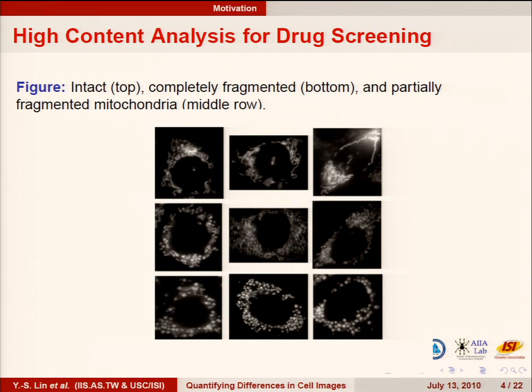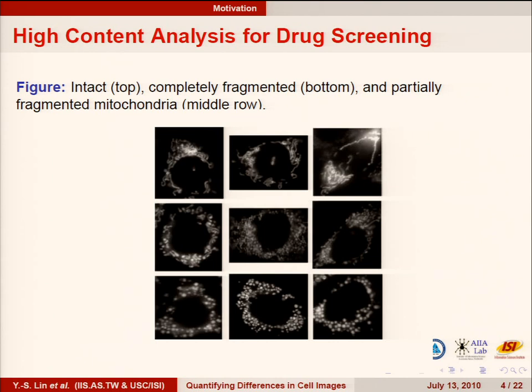At the top are mitochondria images that are intact, so they have a thread-like morphology.